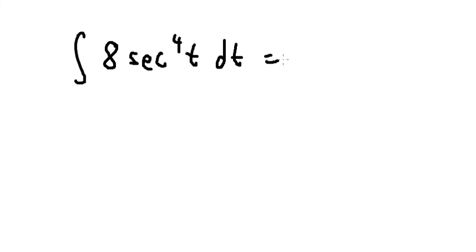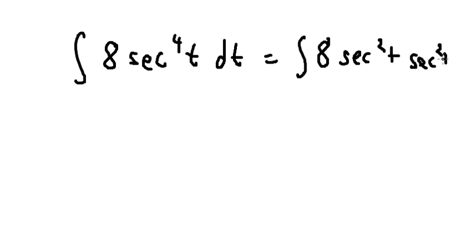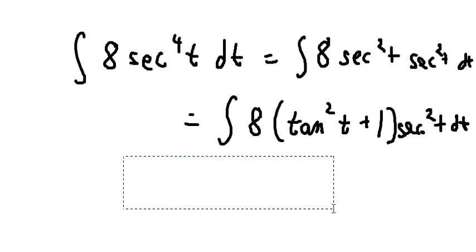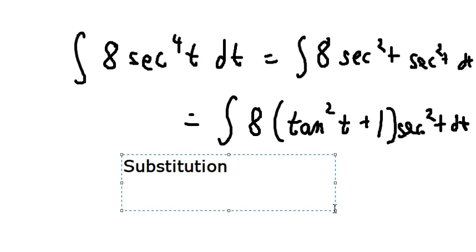So we know that secant of t to the power of 4, we can put secant of t squared, secant of t squared dt. Secant of t squared, we can put tan t squared plus 1. So we need to use substitution.